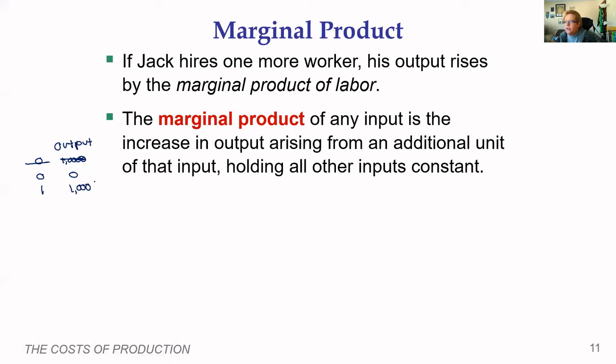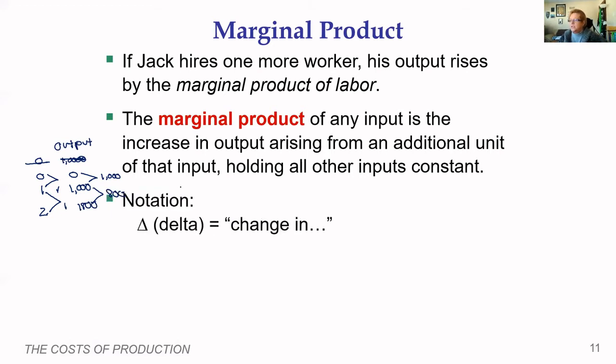So our marginal revenue product was the change in the input, 1, change in output, 1,000. So here our marginal product of labor would be 1,000. As we went from 1 to 2, change of 1, and that was 1,800, change there being 800.